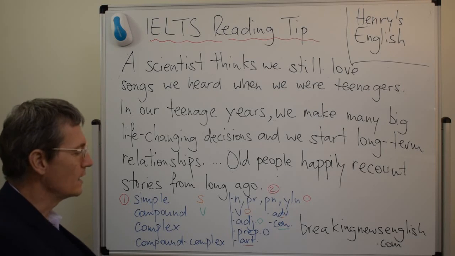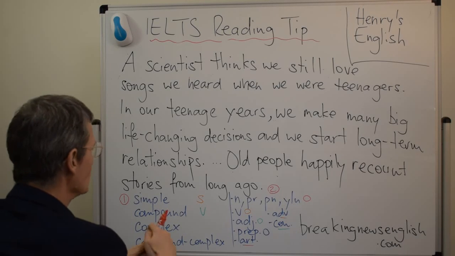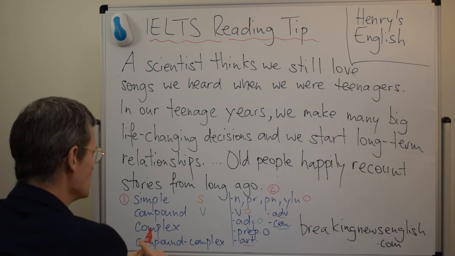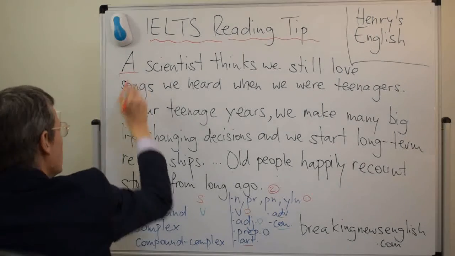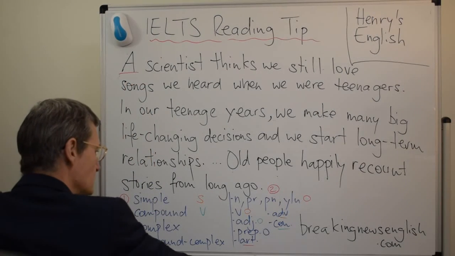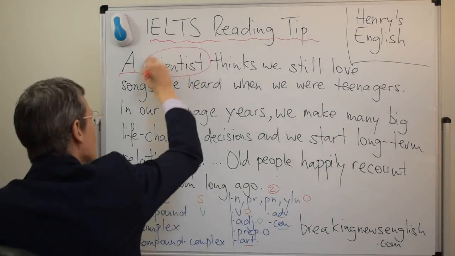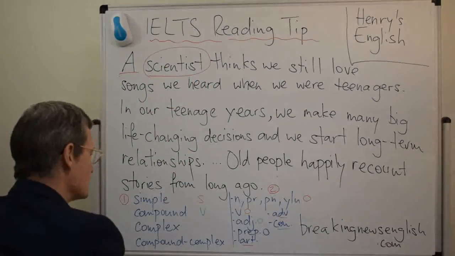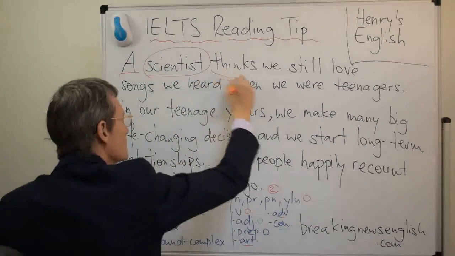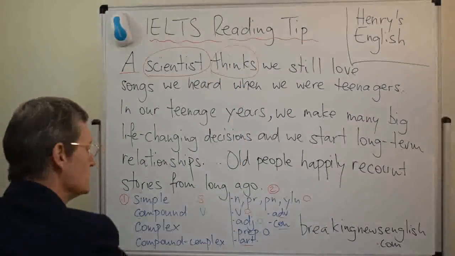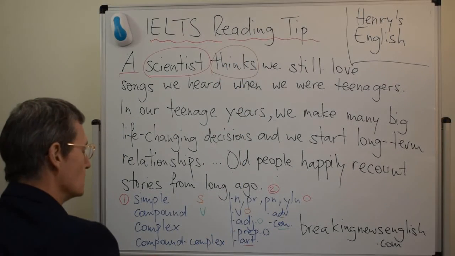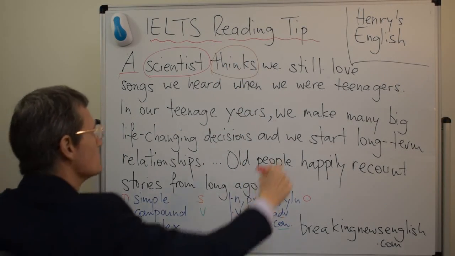So the answers are, we have here a, which is an article, so we underline with red. Scientist is a noun, so we circle with red. Thinks is a verb, so we circle with orange. We is a pronoun, so we circle with red.